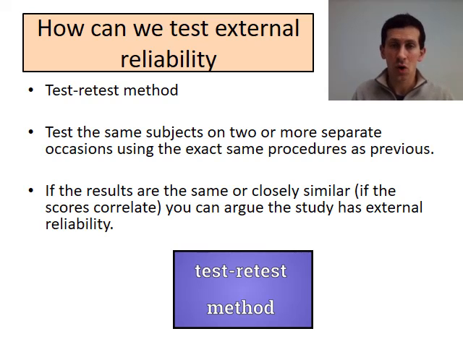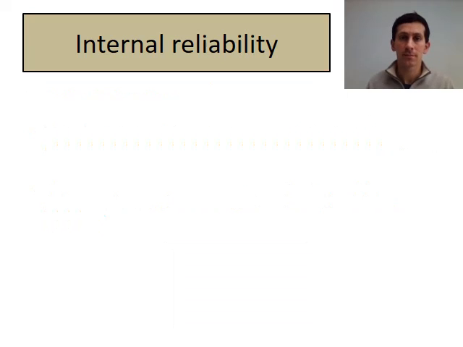When we say do the scores correlate, you've got to remember that in order for it to be a high correlation, it needs to be higher than plus 0.8. So that would be the correlation coefficient we're looking for. If it's higher than plus 0.8, we've got a high external reliability.